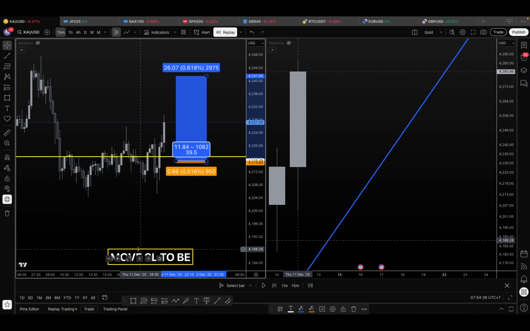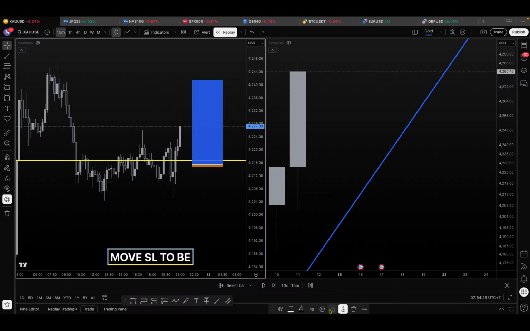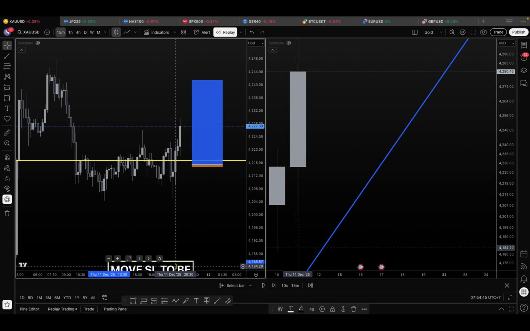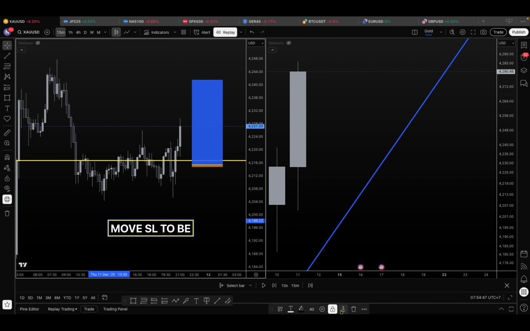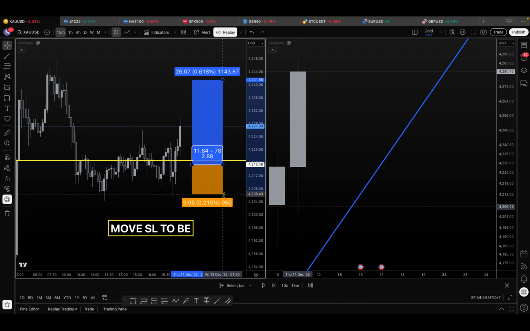I learned my lesson. I don't want to make the same mistake again. So I moved the stop loss to break even when it reached the 1 to 1 ratio.